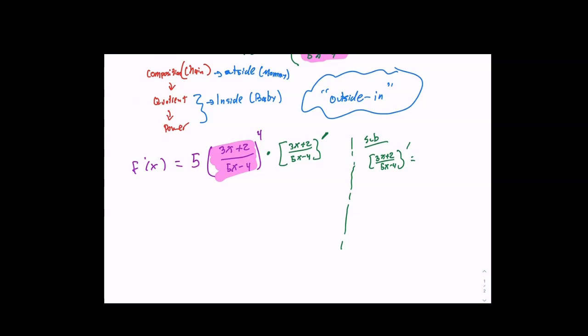This goes to the next step in identifying the problem. Now we have a new problem. We have to focus in on this part. So what method are we going to use to differentiate this?